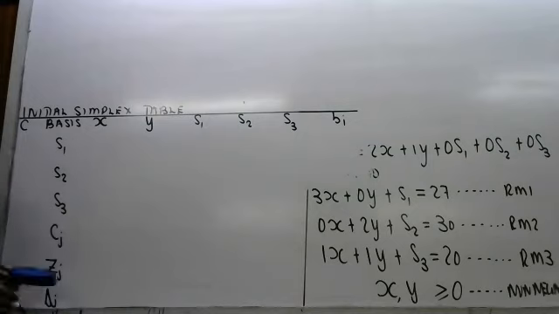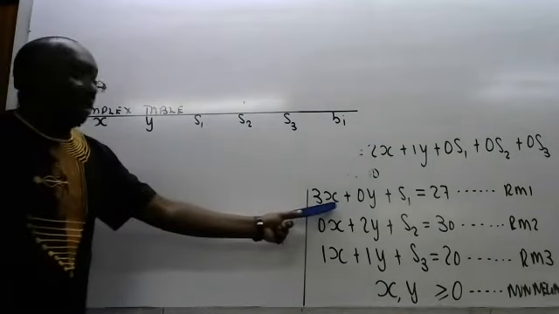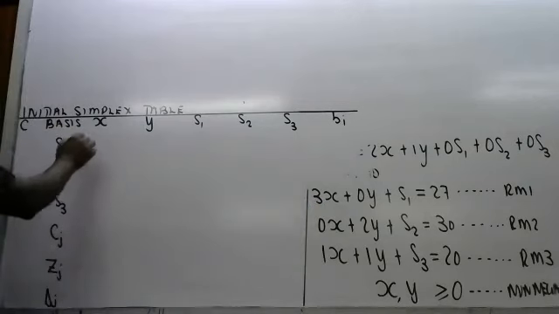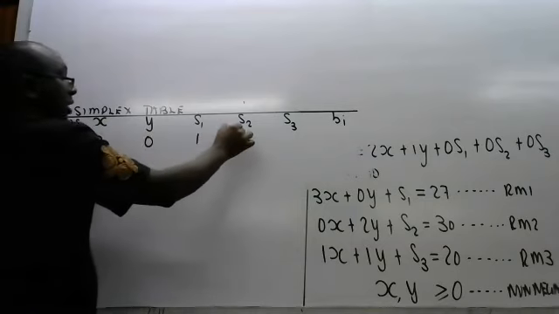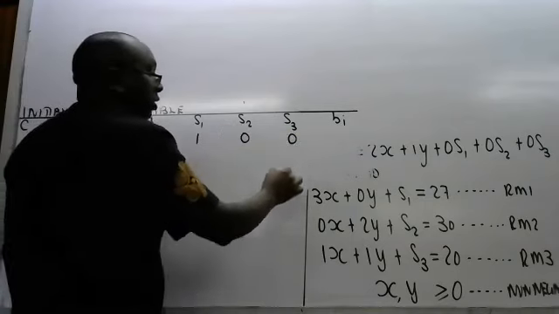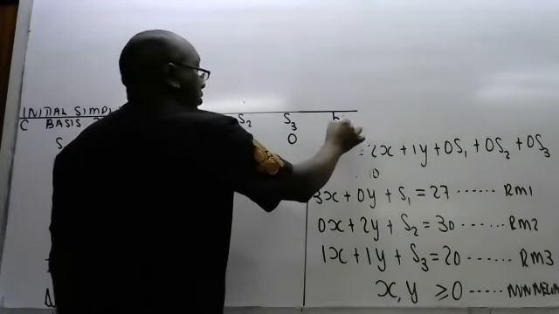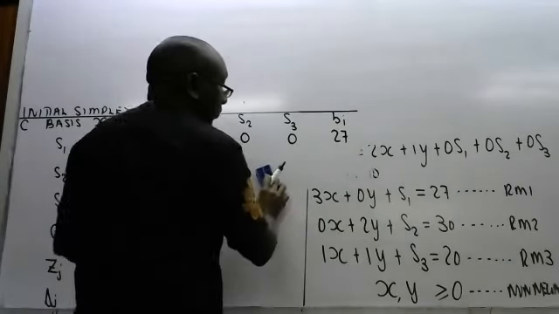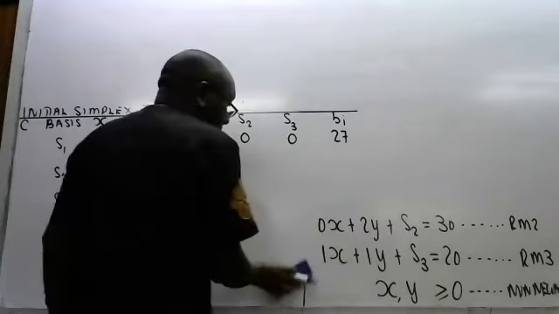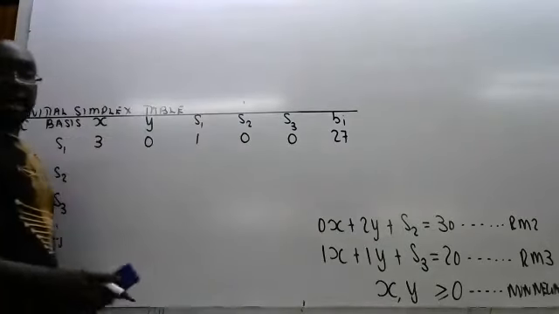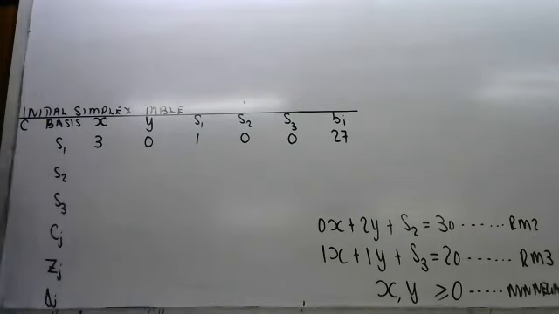For S1, you copy these items that are in this function. So we have 3, 0, 1, 0, 0, and 27. That is for the first line.